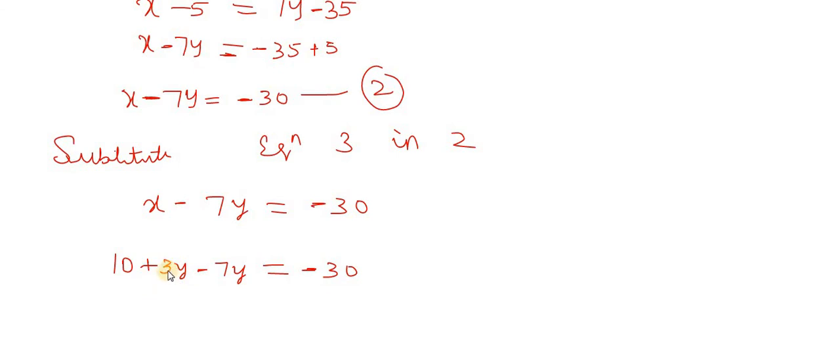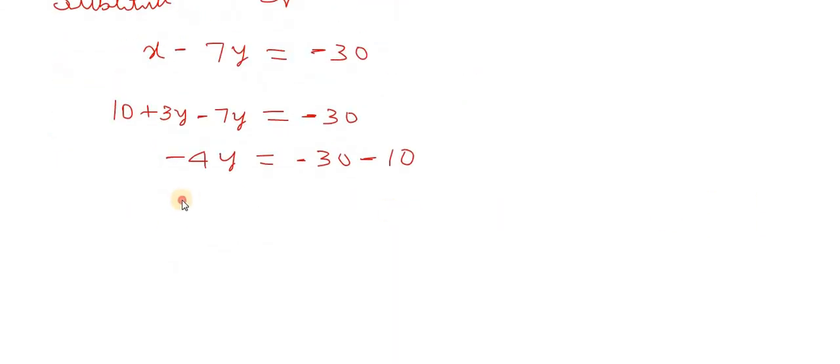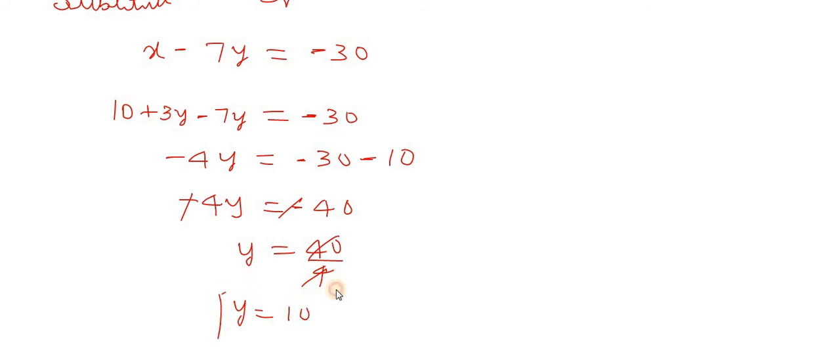Then 3y minus 7y, that is minus 4y, equals minus 30 minus 10, which is minus 40. Minus minus gets cancelled. y equals 40 by 4. So y equals 10.